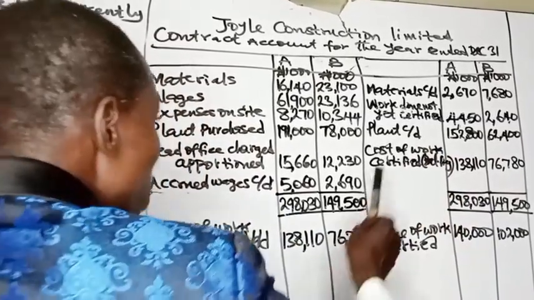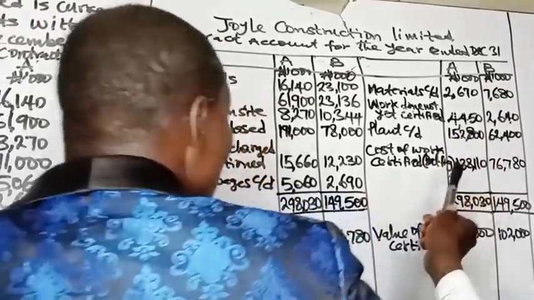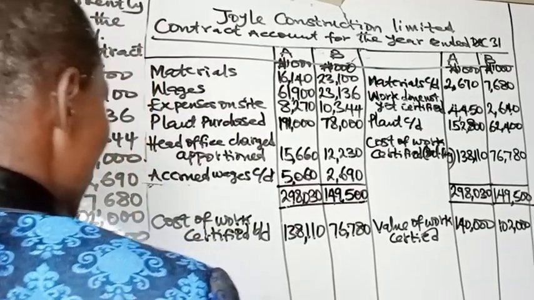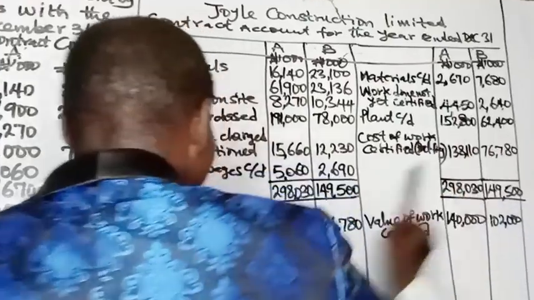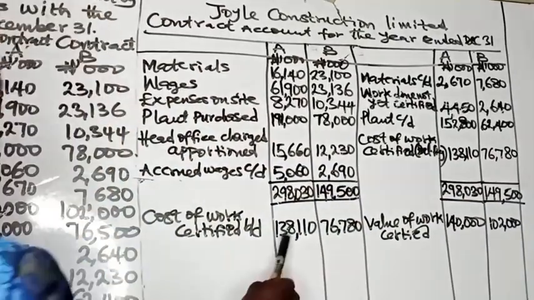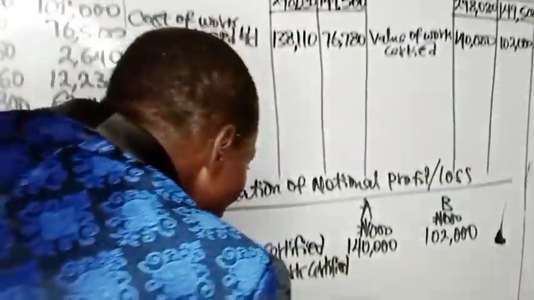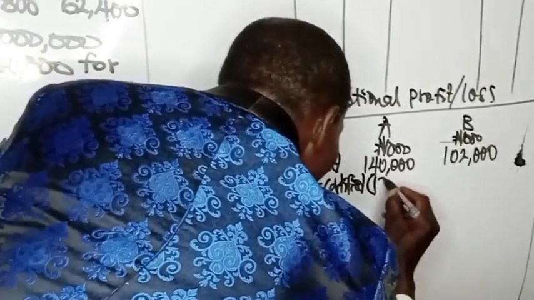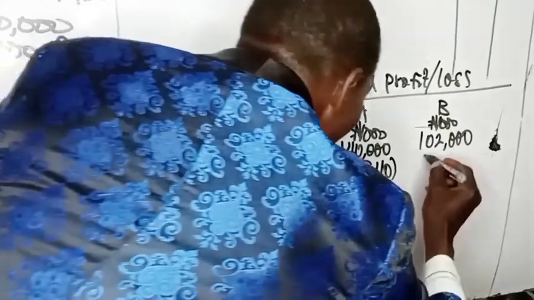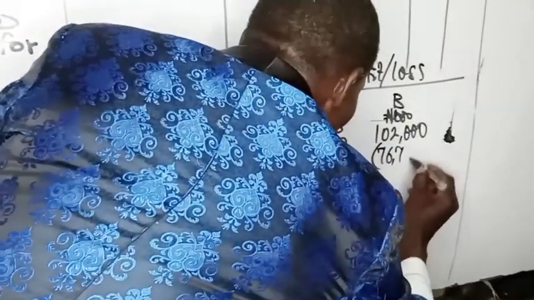But since this has been credited, you will only get the cost of work certified. So we deduct these figures: 138,110 and 76,780.